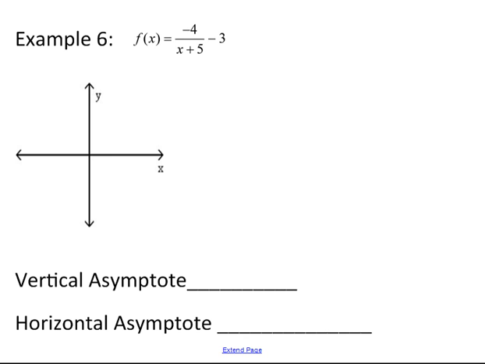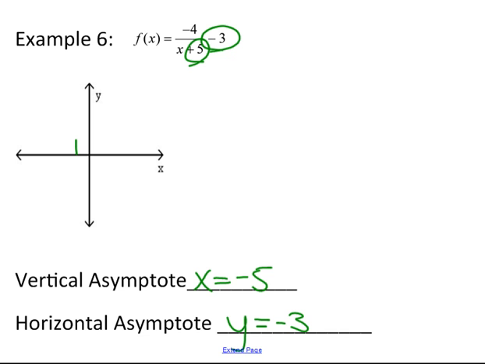F of x equals negative 4 over x plus 5 minus 3. So vertical, remember it has to be opposite, so x equals negative 5. Horizontal, y equals negative 3. If it's inside, it's opposite. If it's outside, it's the same.